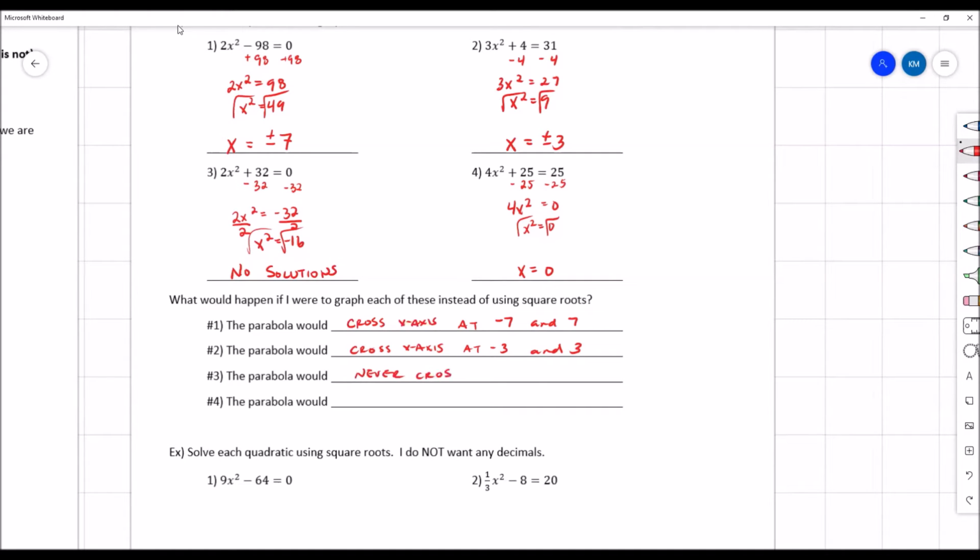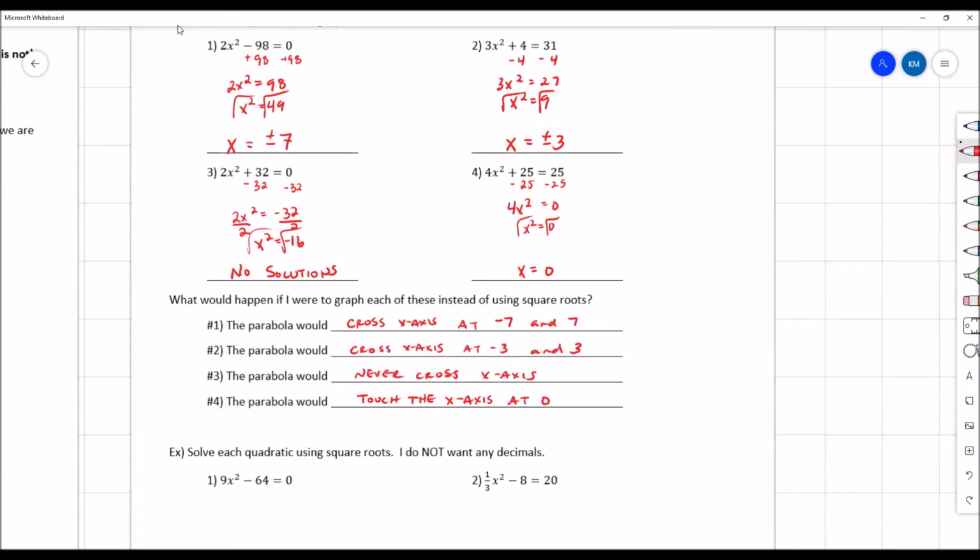That's why there's no solutions. And on number 4, it would touch the x-axis at 0. That's why those solutions are there. So the solutions that we find by graphing are going to be the same solutions that we find by solving with square roots.